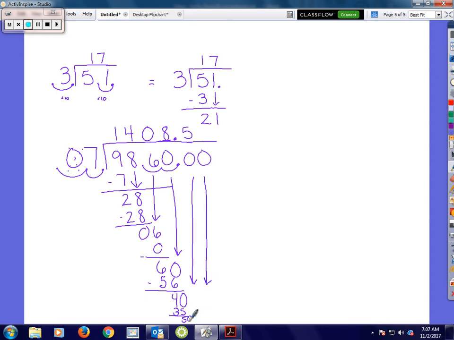Bring down my 0. 7 goes into 50 7 times. 7 times 7, I was thinking 49, is 49 with 1 left over. So many times you can keep going, but for just now we're just going to do remainder 1.